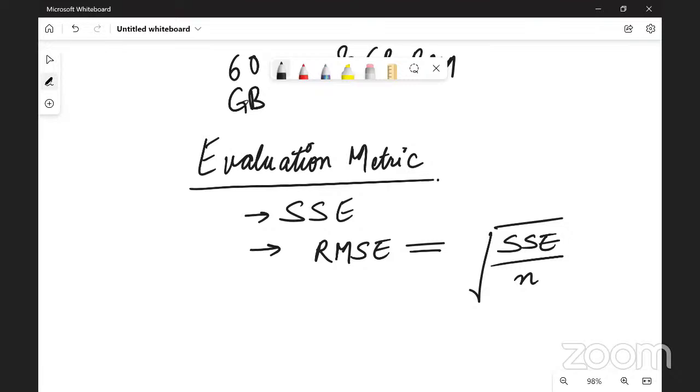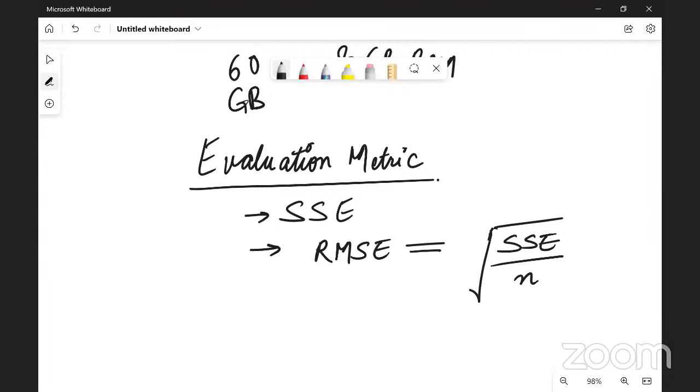Can someone tell me why RMSE is preferred over SSE? Because SSE grows with the number of samples or examples. If there are more examples, SSE will be more. Exactly. So we cannot compare models based on that, whereas RMSE takes the average first, then takes the root.